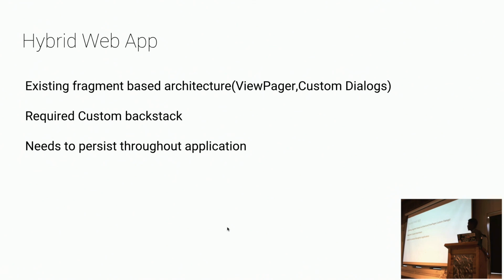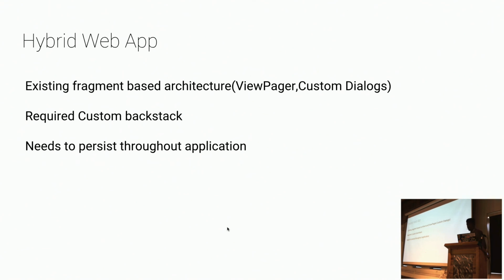But I noticed that the problem with the web view was that even when we retained it, every time I would replace the fragment and bring it back into view, the web view would always reinitialize. And that's because even with a retained fragment, even though the fragment is retained, the view is still destroyed, and the web view has to reinitialize itself every single time I was showing it.